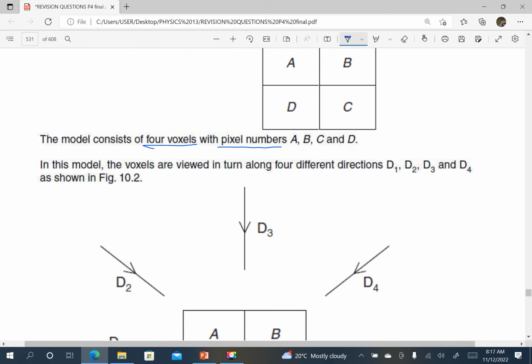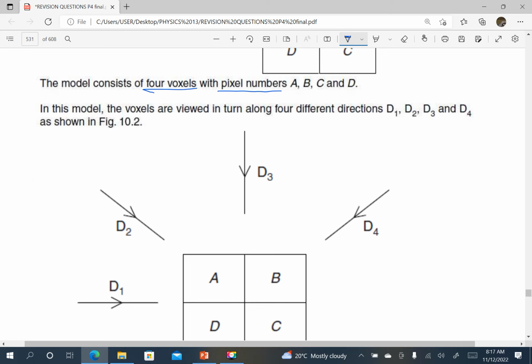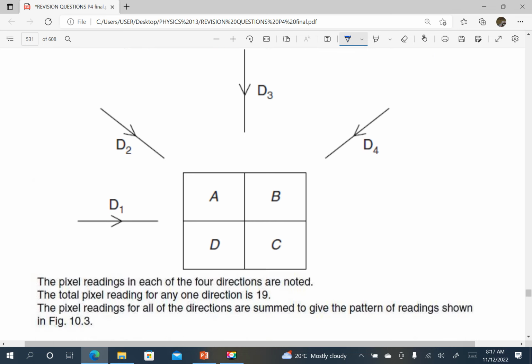So in this model, the voxels are viewed in turn along 4 different directions, D1, D2, D3, and D4 as shown here. The pixel readings in each of the 4 directions are noted. And the total reading for any one direction is 19.